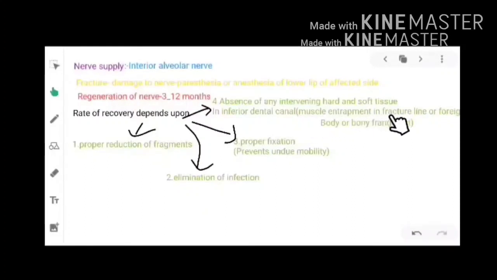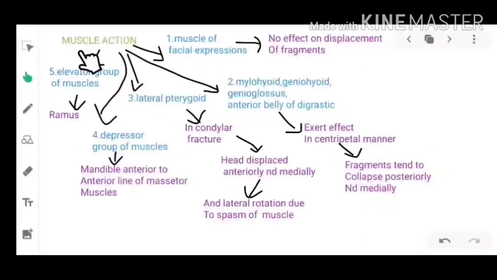Muscle entrapment in the fracture line, or foreign body or bony fragments, can lead to wider displacement through muscle action. In this section we are going to study how various muscles displace various fragments of the mandible after fracture.